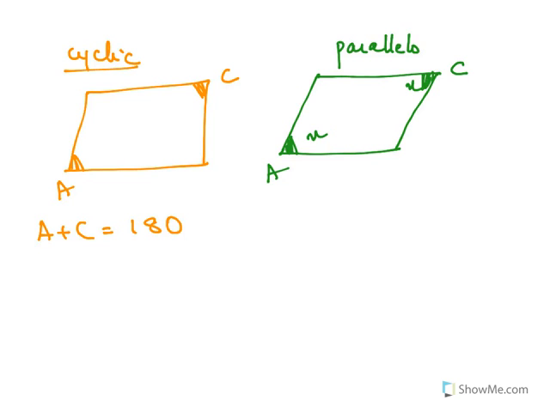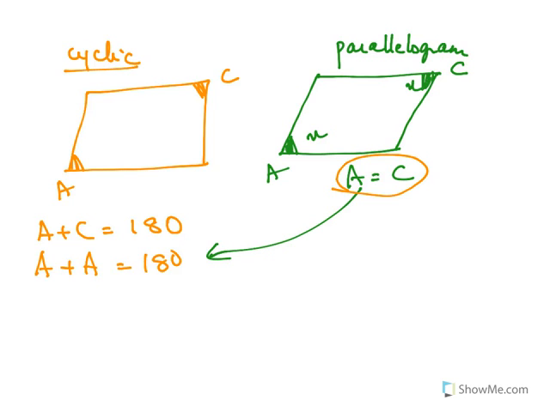Property of parallelogram, A equal to C. So we put this value here. So I'll put A for A, and for C also I'll put A, because A we know is equal to C, 180. So 2A is 180, A equal to 90. So here in this parallelogram, all the angles will become 90.